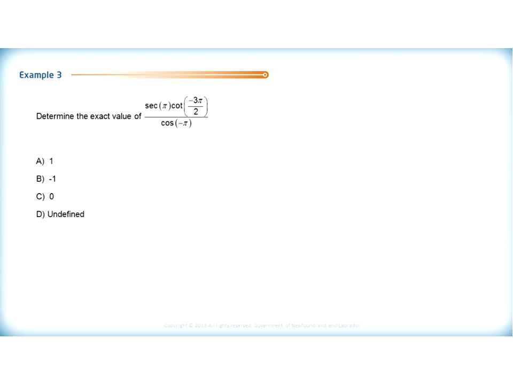Let's have a look at one last example here. Determine the exact value of the secant of pi times the cotan of negative 3 pi over 2 divided by the cosine of negative pi. Again, we need to draw a unit circle here to help us out. In fact, I think we need to draw 2 unit circles to complete this one.